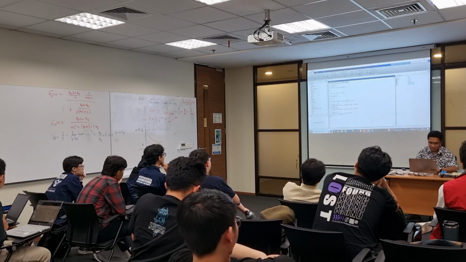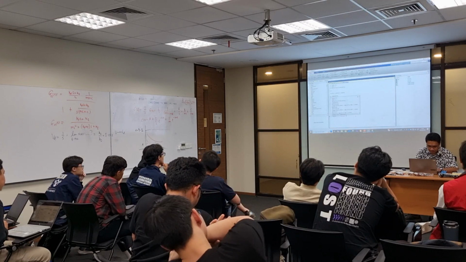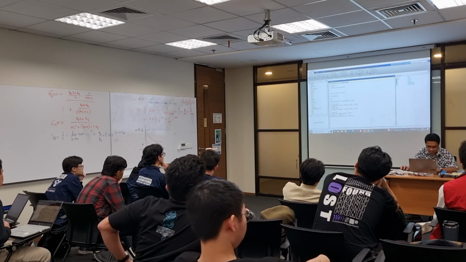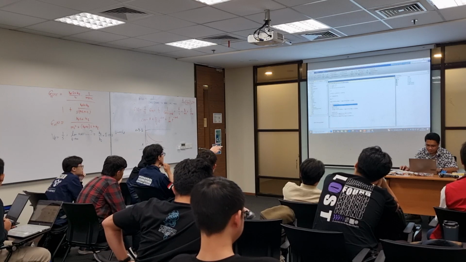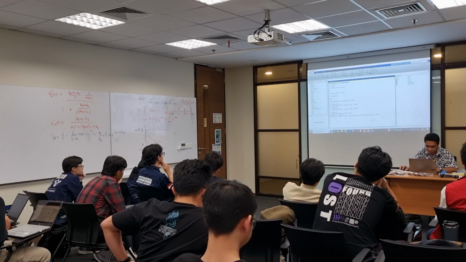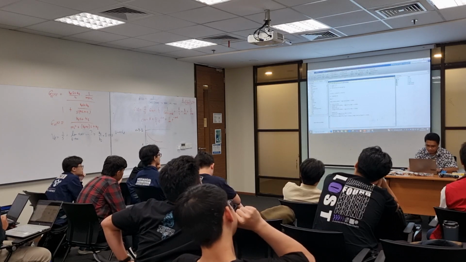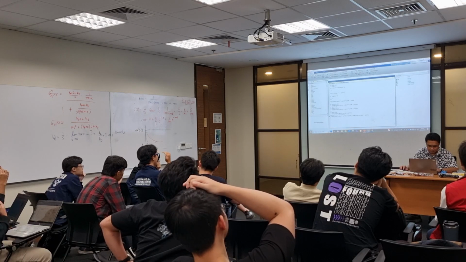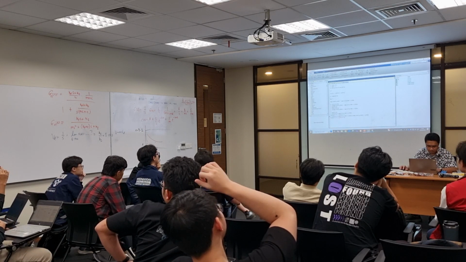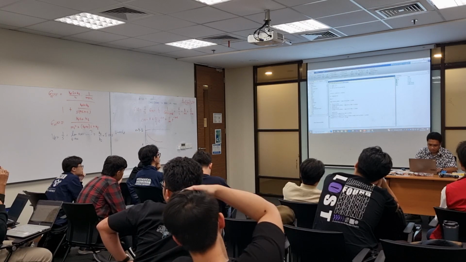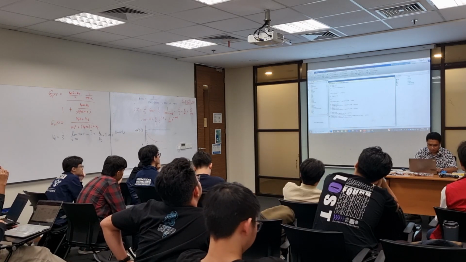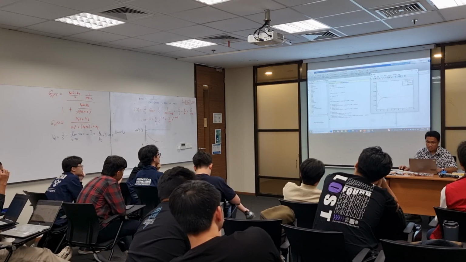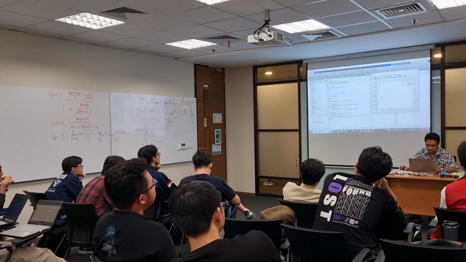If I get the 100 compared to the 2, so I remove the 2 here, I remove the 2. Okay, you see, I cannot see it.